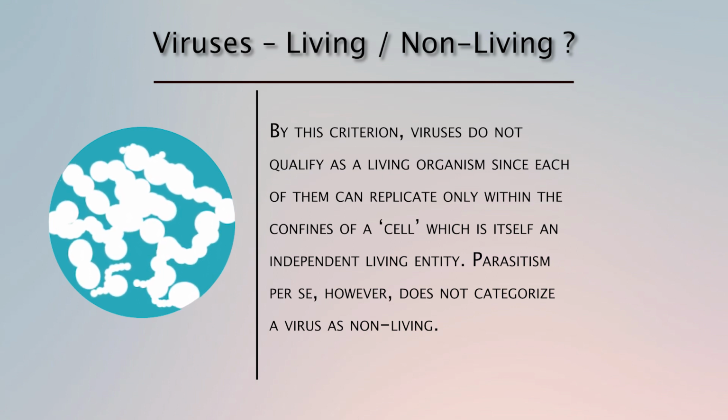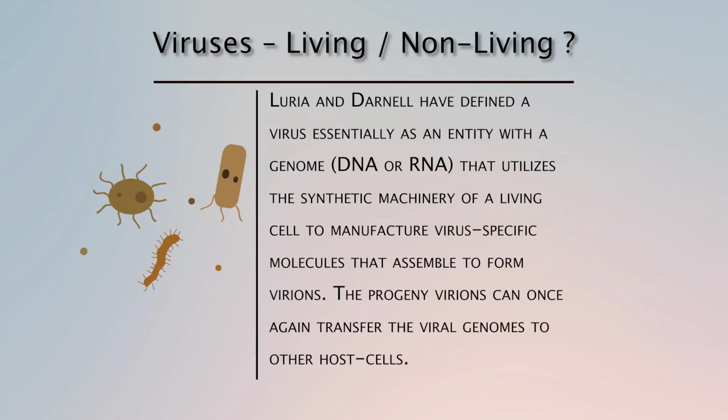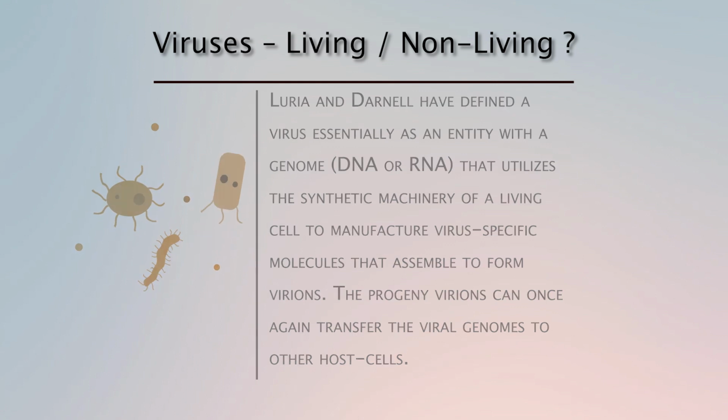Parasitism also does not qualify a virus as a non-living entity. So finally, Luria and Darnell defined virus as an entity with genome of either DNA or RNA and which uses host cell machinery to make virus-like particles to form progeny variants, and their genome can be transferred to other host cells.